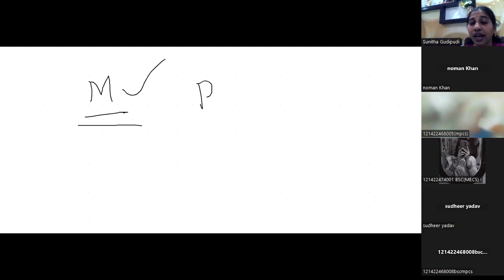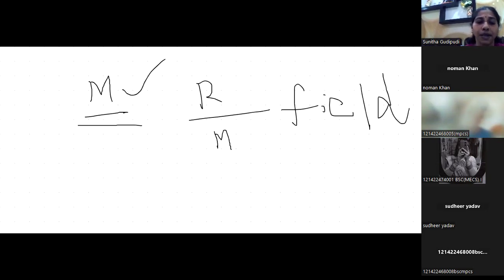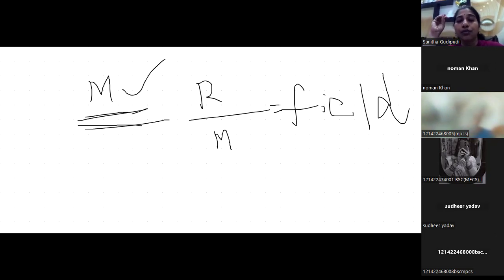Provided R by M always becomes a field. If it is a field, then only your M becomes a maximal ideal. So the next theorem is one of the important and repeated theorems. What does that theorem state? M is a maximal ideal of a ring R if and only if R by M is a field, is the statement of the theorem.